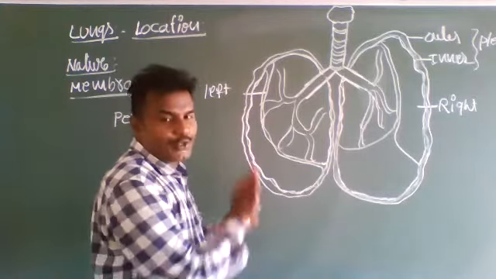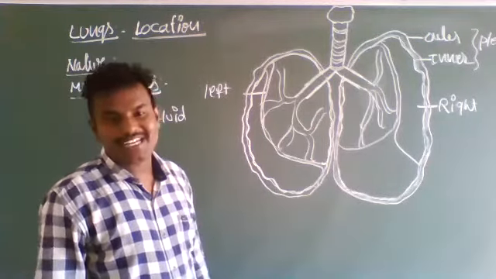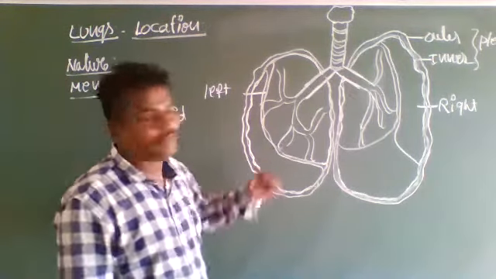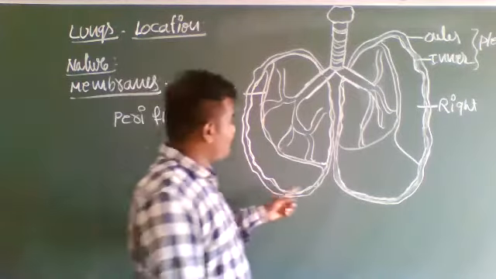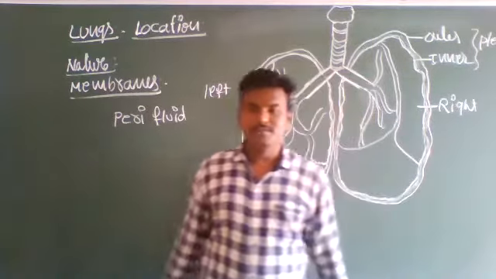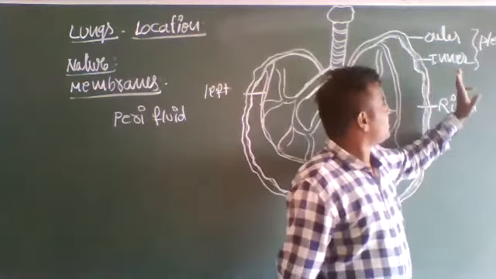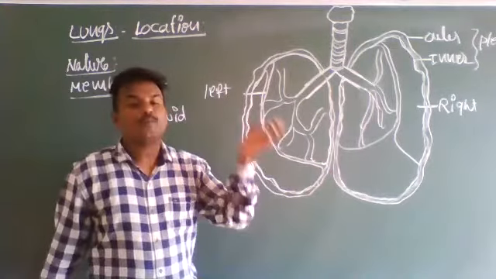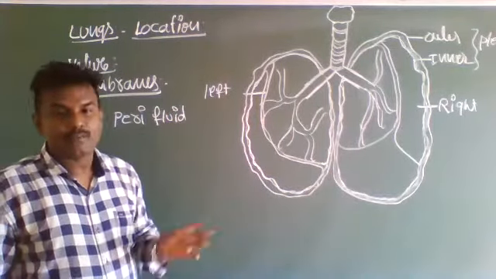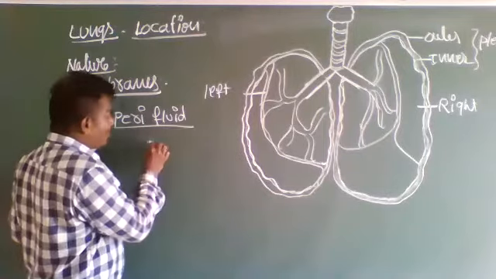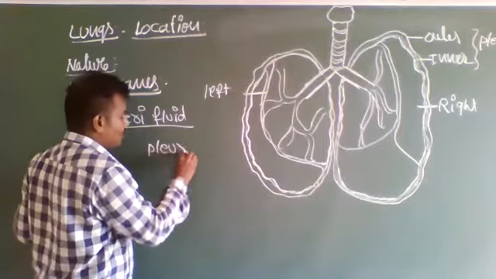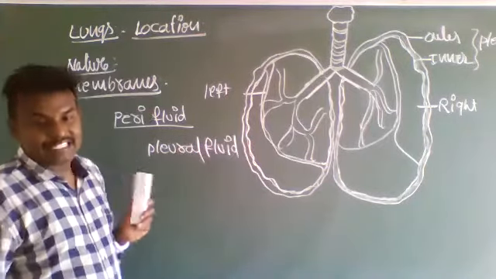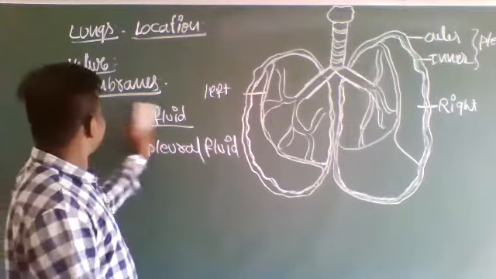The fluid gives protection to the lungs from shocks. So these are the outer and inner layers, called pleural membranes, filled with pleural fluid. This pleural fluid protects the lungs from shocks and injuries.